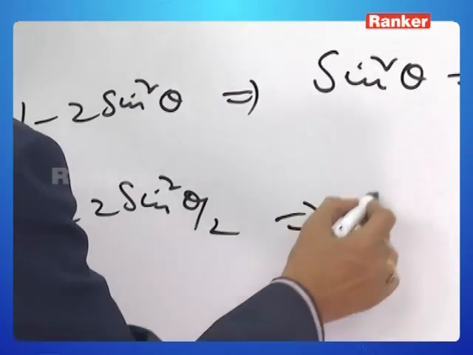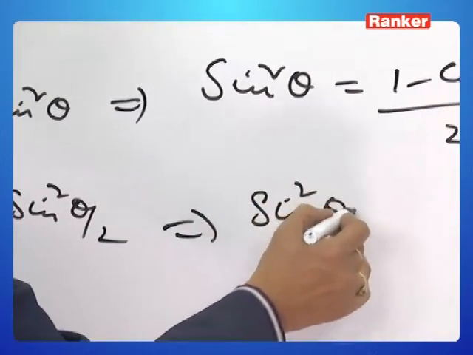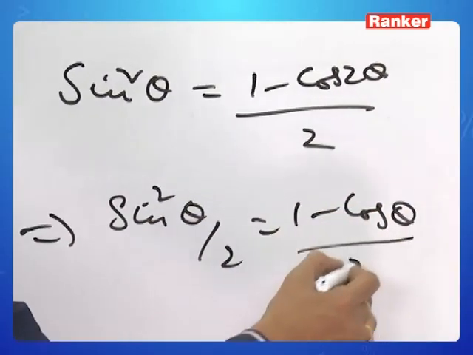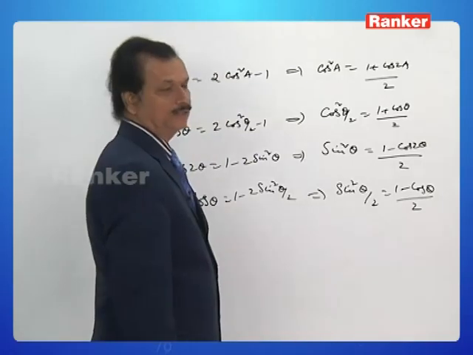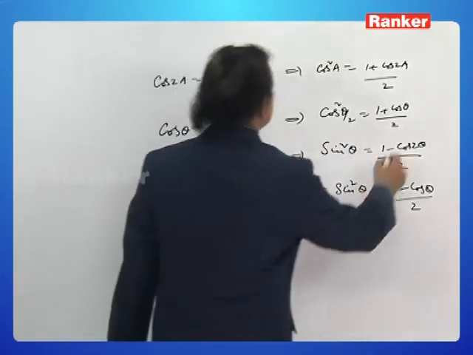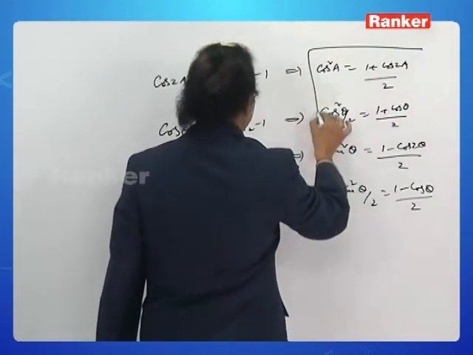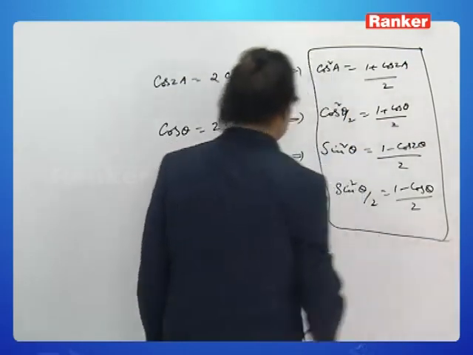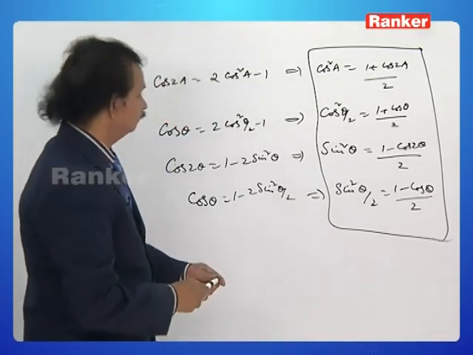From this, sine square theta by 2 is equal to 1 minus cos theta by 2. Yes, these are beautiful formulae which are very much useful in our future.